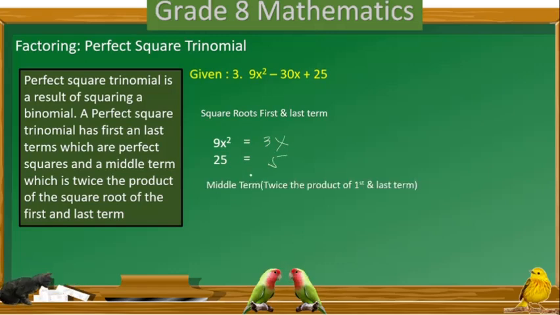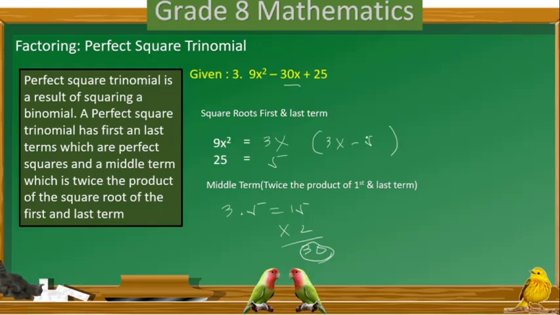Now we're going to determine if it is really a perfect square trinomial by multiplying the square roots of the first and last term, which is 3 times 5 equals 15. Then times 2, that is equal to 30. This one is equal to our middle term. So this is a perfect square trinomial. So we will write the parenthesis containing the square roots, then the sign is negative, 3x minus 5 squared. That is the answer.